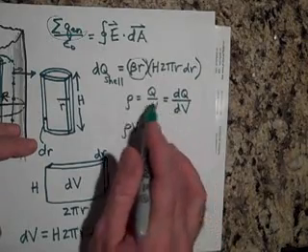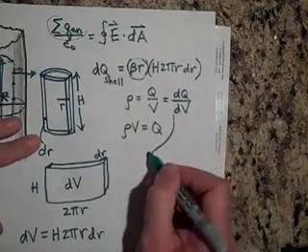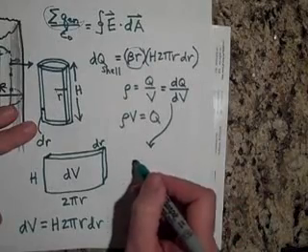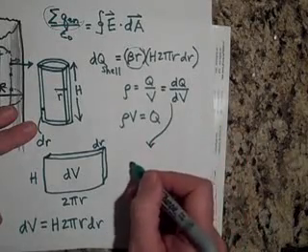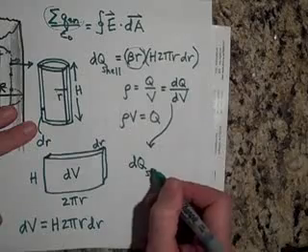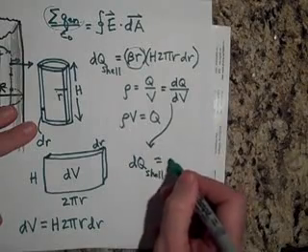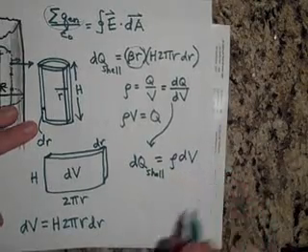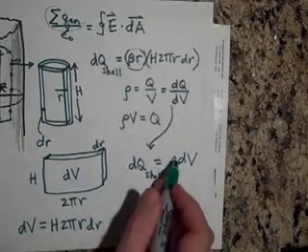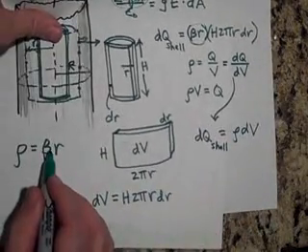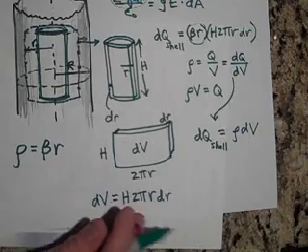Well, if I bring the dv over here, rho dv is equal to dq. So the dq in a cylindrical shell is equal to rho times dv. Now remember that, because rho is beta r.